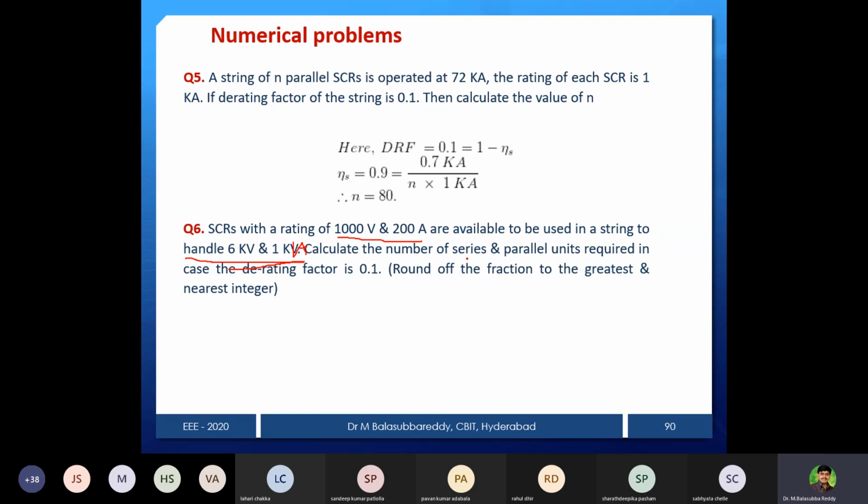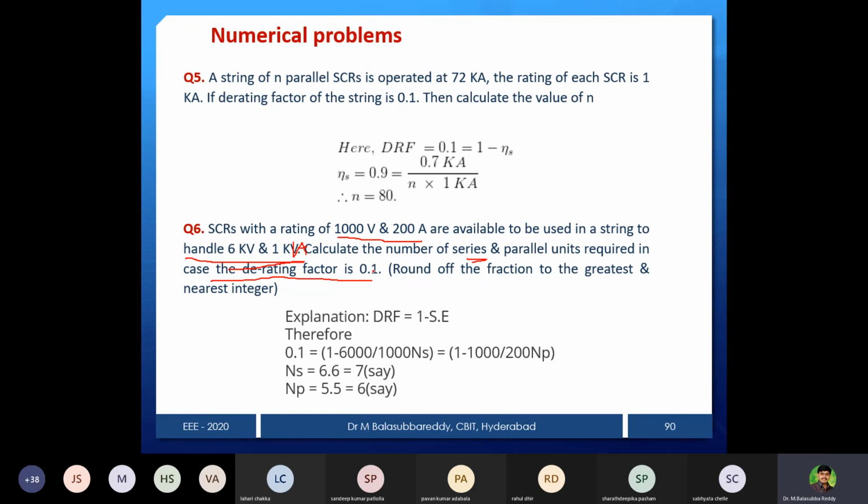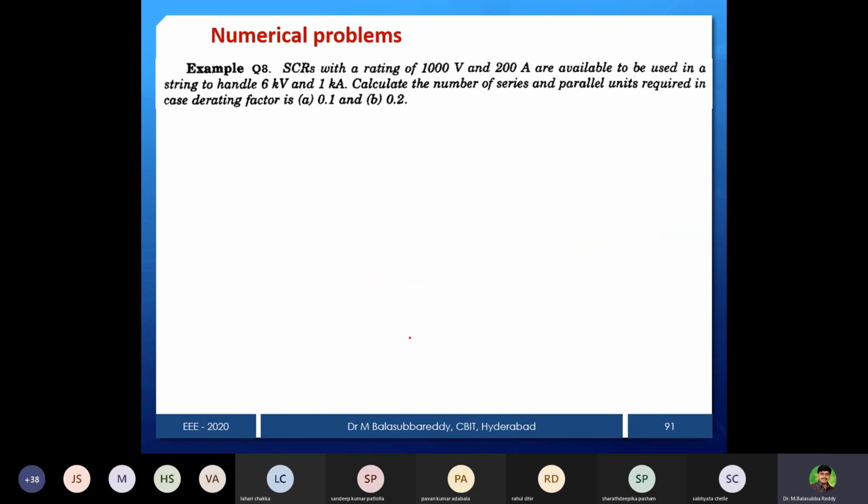Calculate the number of series and parallel units required if the derating factor is 0.1. Same problem, just the derating factor is 0.1, and you use 1 minus string efficiency. You just use that formula, then automatically you will get the number of SCRs in series as 7 and in parallel as 6.